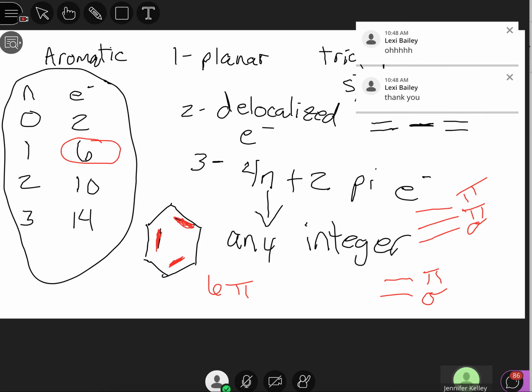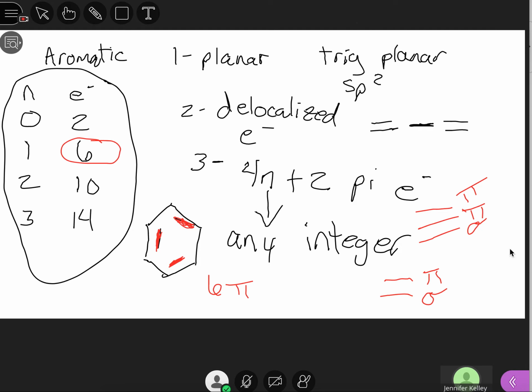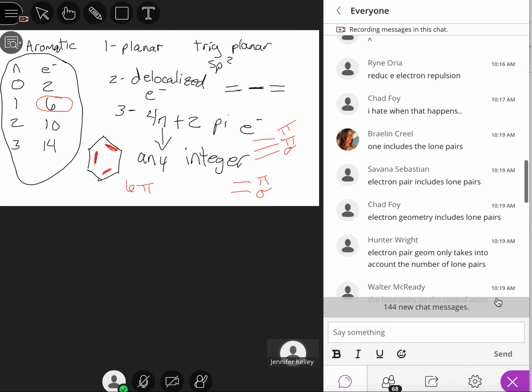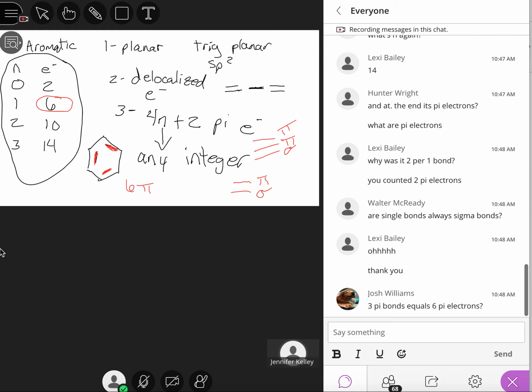So it's only wanting to know how many electrons are represented by the double bond piece of that bond. Correct. That is correct. And single bonds are always sigma bonds. That's a good question.